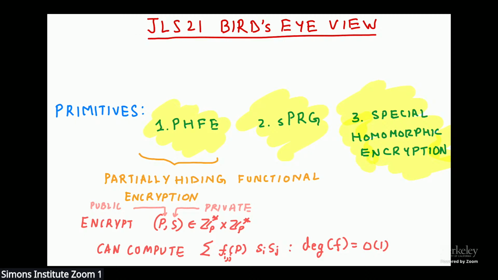What's so special about partially hiding functional encryption is that it allows you to encrypt vectors over the group order. You can encrypt a vector partitioned into two components: one component is public, the other is what you intend to hide. The function class it supports is that you can compute pretty much anything over the public component, by which I mean sufficiently large constant degree polynomials.